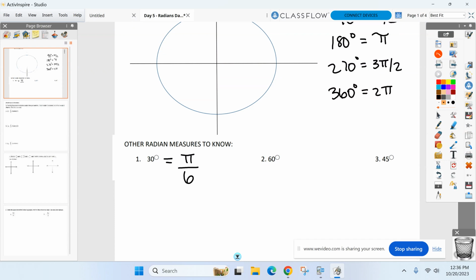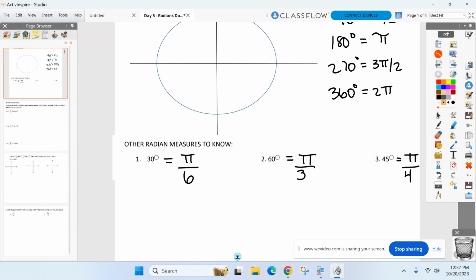And again, it makes sense because pi is 180, so 180 divided by 6 gives you that 30. 60 is pi over 3. And 45 is pi over 4. Those are the 3 I'm going to try to get you to know off the top of your head by the time you leave.